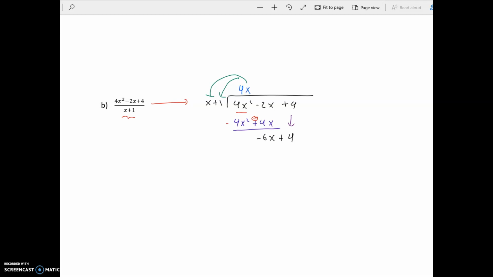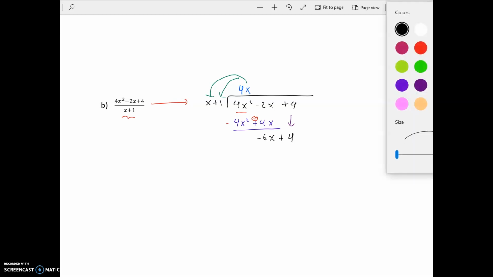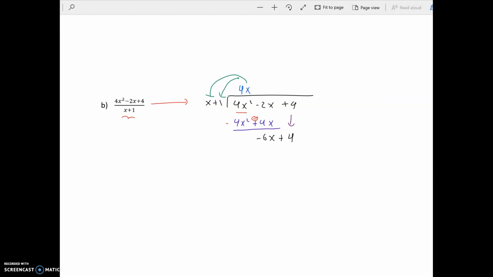We have to continue this process until you end up with the constants here. So the next value that you have to consider is, x times what will give you a negative 6x, and that's only going to occur if you were to use minus 6. And let me just erase those two.